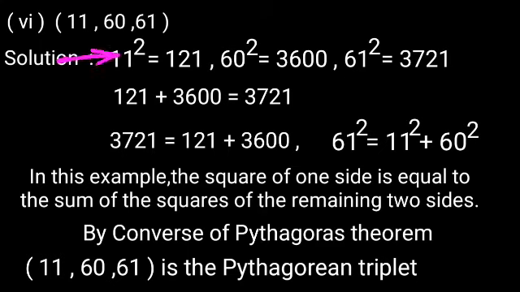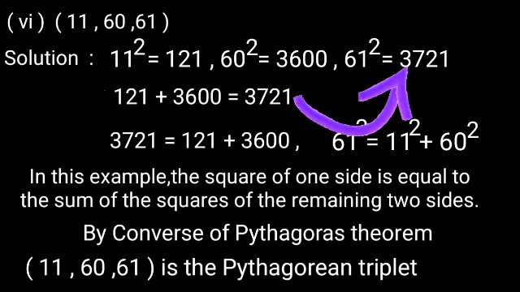The largest number is 61 and the remaining two numbers are 11 and 60. Square of 11 and square of 60, that is 121 and 3600, is equal to 3721, and the largest number 61 square is equal to 3721.